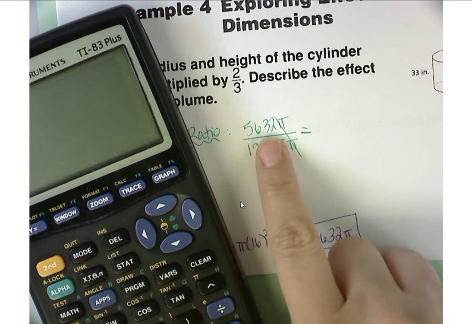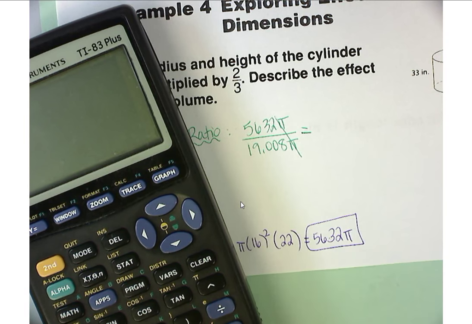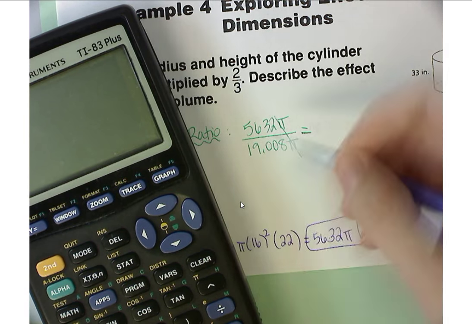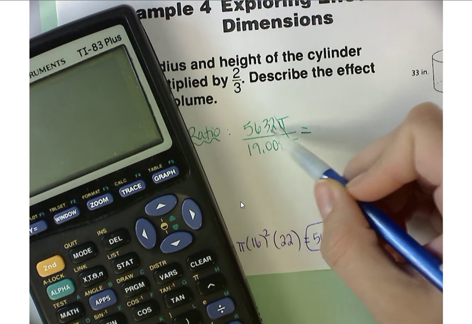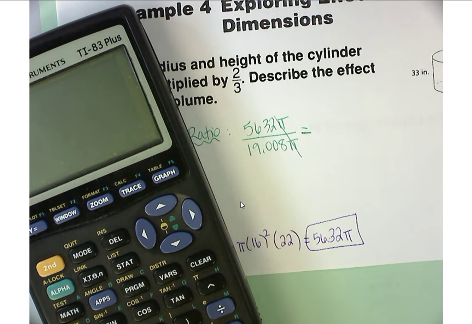What do I know has to go into both of these numbers? 2, so I can cut them both in half, right? So if I take 5,632 and divide by 2, what do you get? Good. And then I might also try to divide by what? Yeah, so if I know 2 goes in there, I might try 4.